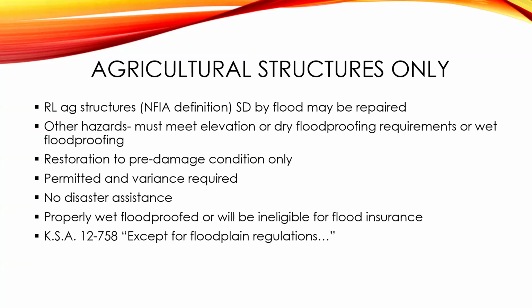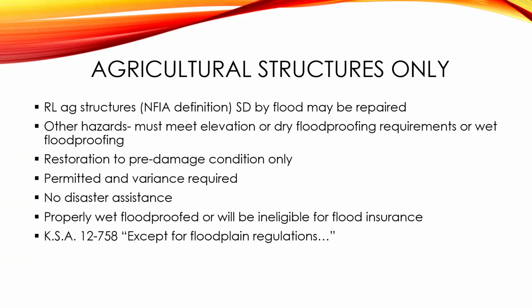So this is just a little bit more about the guidance on agricultural structures. I'll show you where I got this one. You might find some of this information in that policy that I just showed you. But I think this is from the FEMA publication 2040, so I'll show you that in a few slides. But if ag structures are repetitive loss structures, by the National Flood Insurance Act definition, they can be repaired.